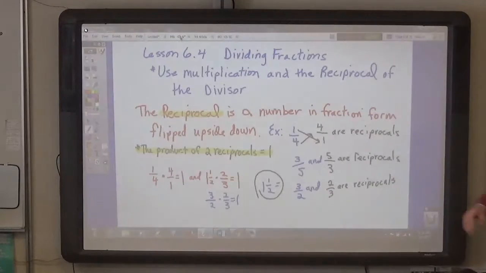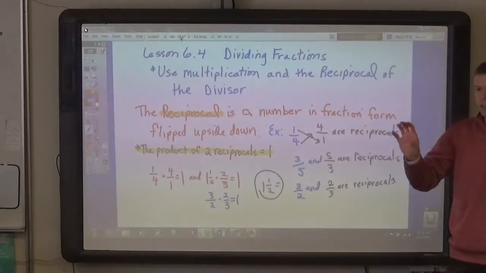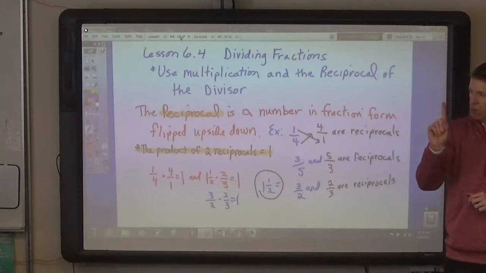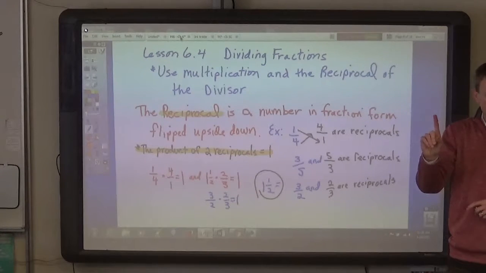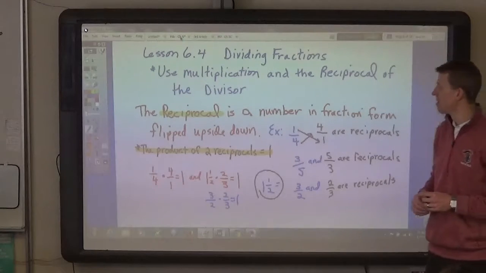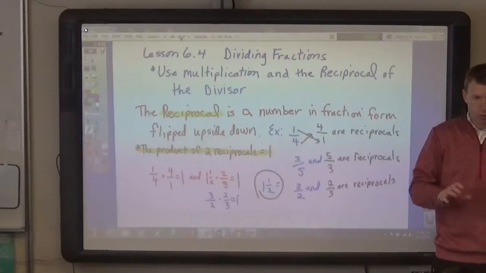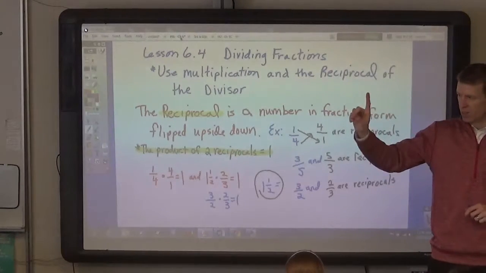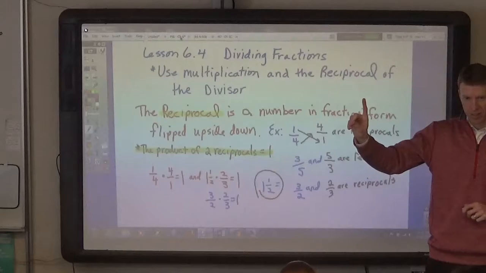It's a number that when you multiply it by the original number, you get 1. You get the number 1. Your book says it's the product of two numbers that equal 1.